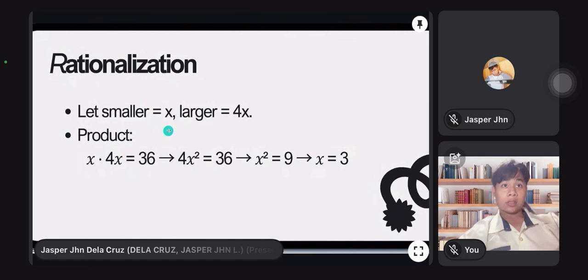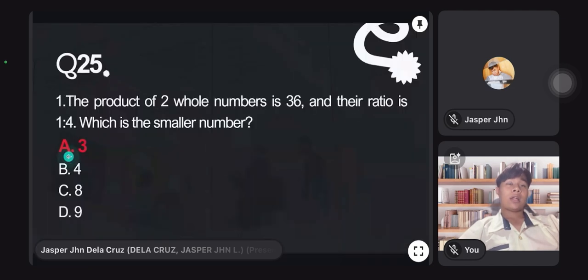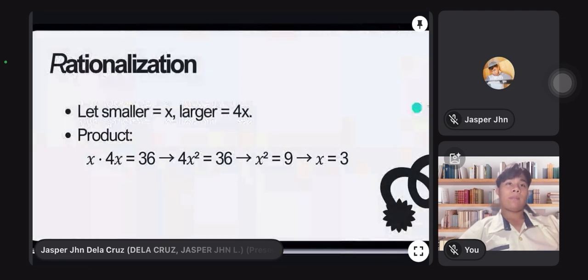Let smaller equal x, and let larger equal 4x. So 4x times x equals 36. Then you will go to 4x squared equals 36, and then you get the square root, right? x squared equals 9, x equals 3. The answer there is 3.